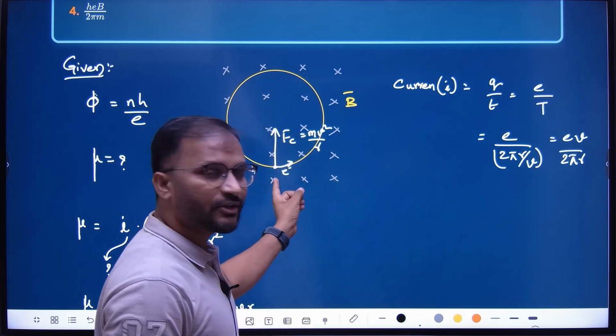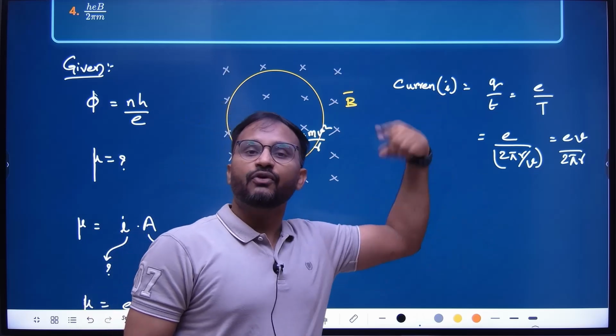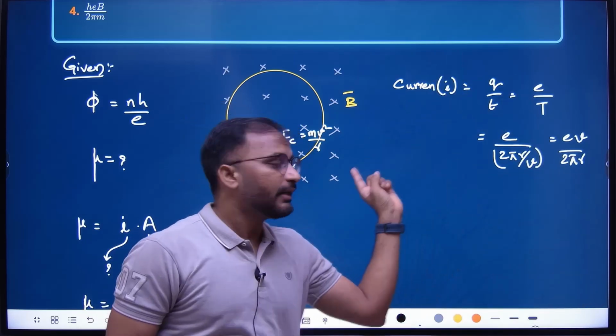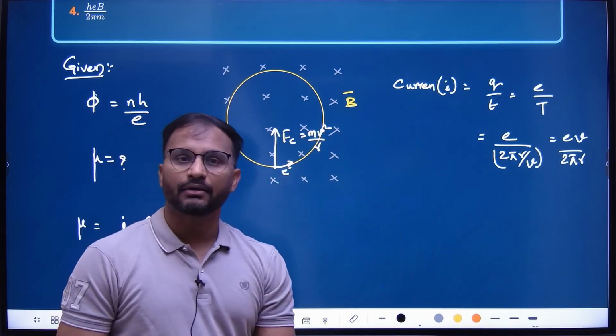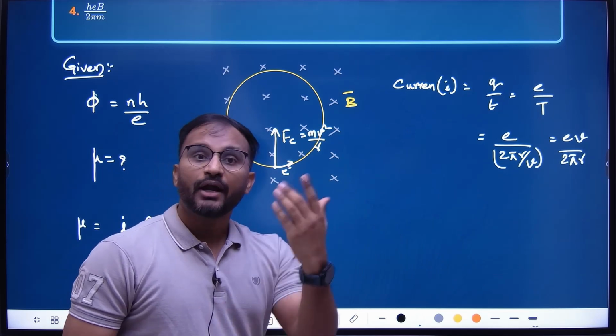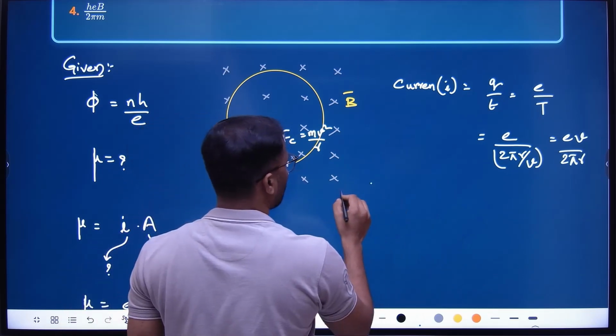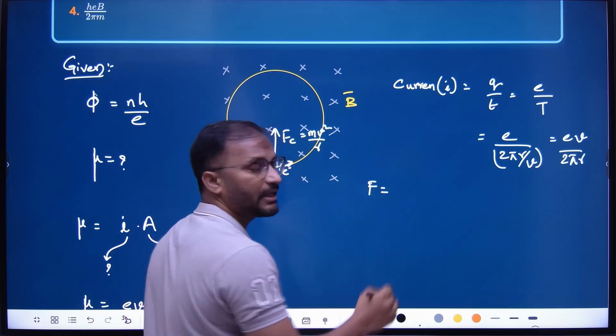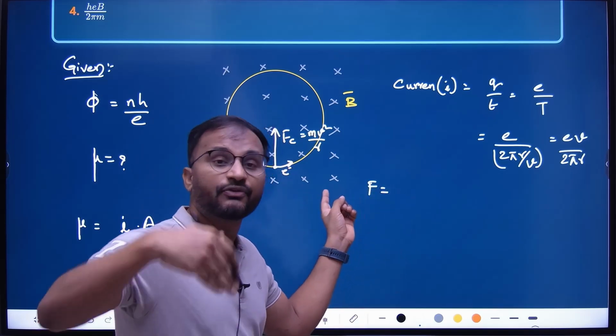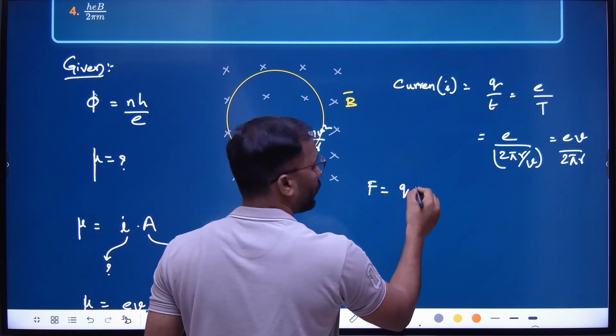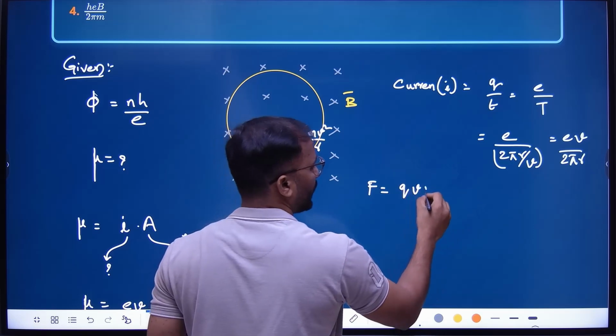So the magnetic field is exerting a force on the charged particle, and that is equal to mv square by r. Okay. And how much is that force, sir? That force, exerted by a magnetic field on a charged particle, is q v bar cross b bar, but we can simply write q v b.